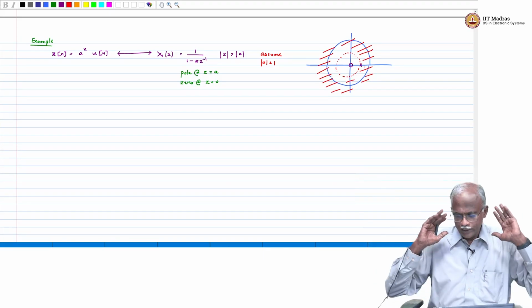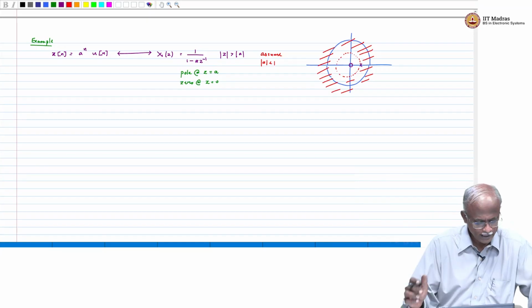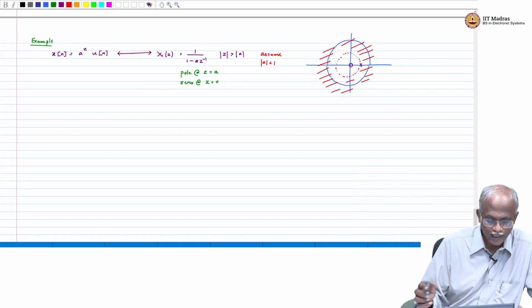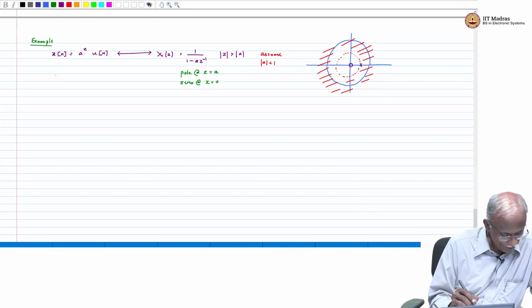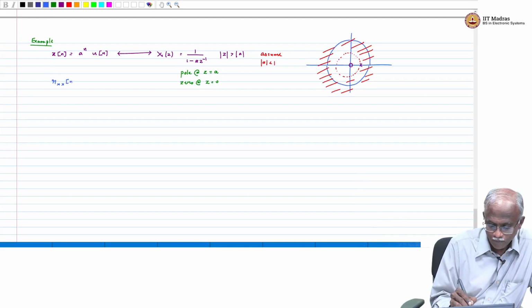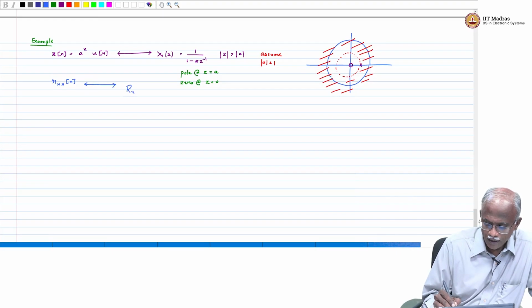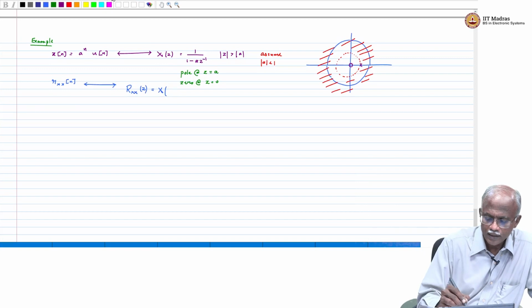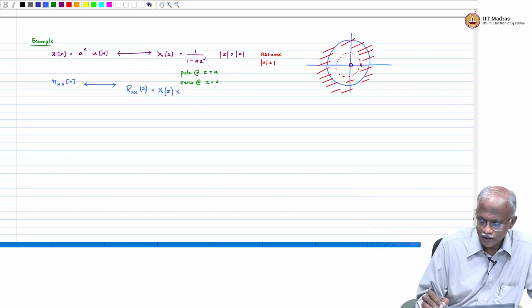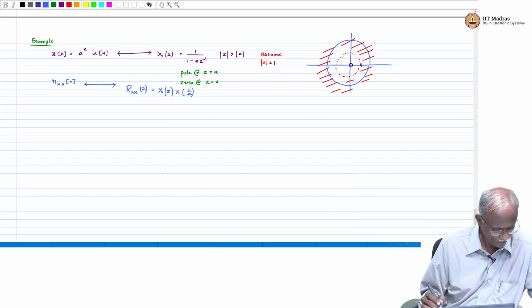Again, this is only to bring all of the Z transform concepts together. Now, we would like to compute R xx of n, and this has a Z transform R xx of z, which is given by X of z times X of 1 by z.